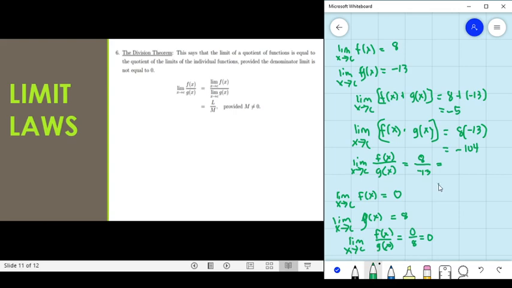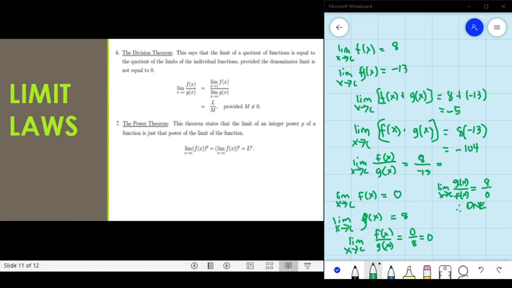Whereas if we find the limit of g of x over f of x as x approaches c, it becomes 8 over 0. Since the denominator is 0, we can say that the limit does not exist. Okay, it's undefined.